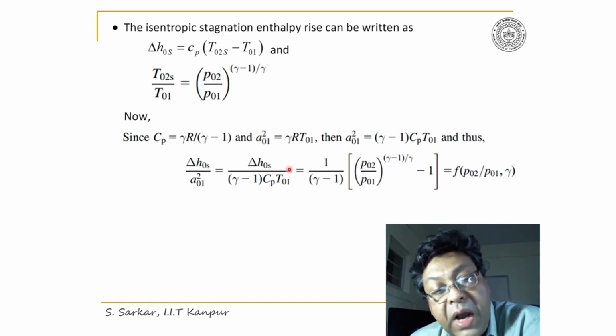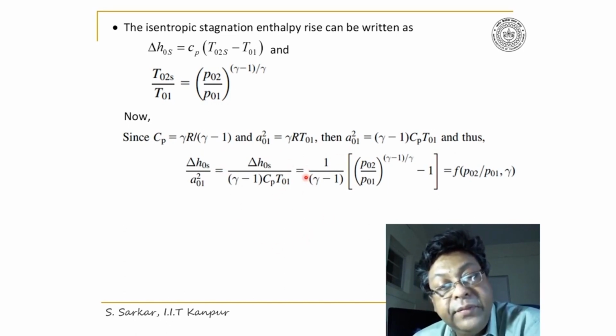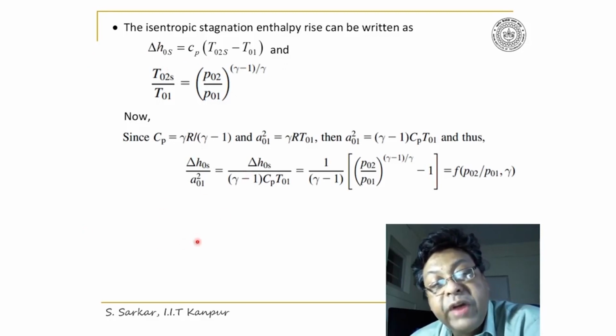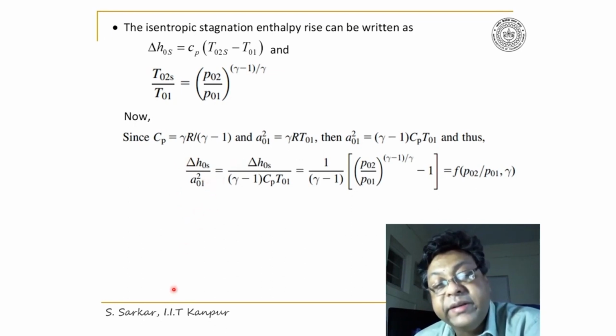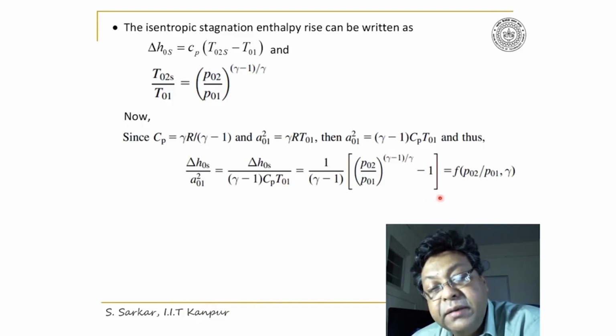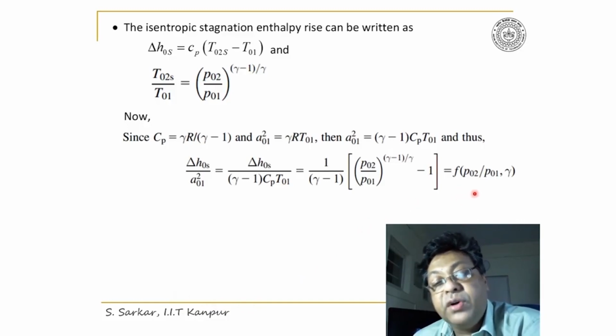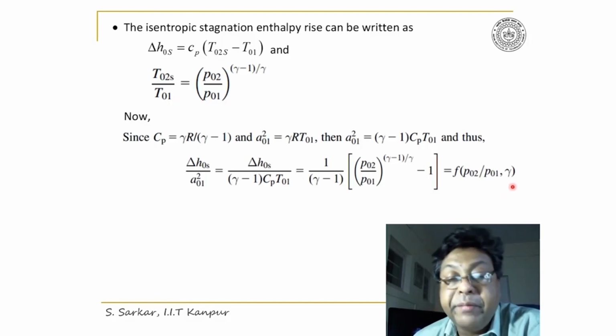Now combine this relation and the expression of del H0s given here. If you combine these two, you can express del H0s by A01 square as nothing but a function of P02 by P01 and gamma.